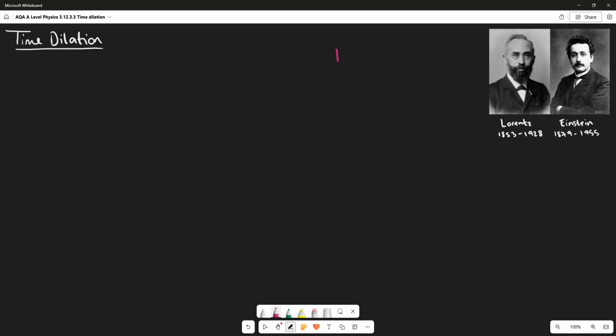We also looked at Lorentz transformations, which helped us to change the reference point.